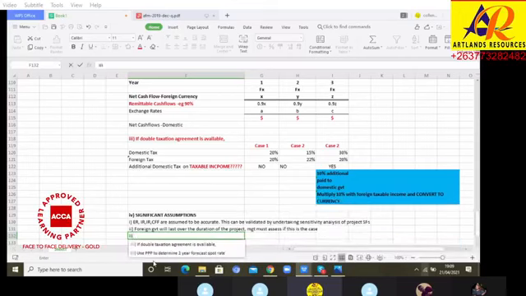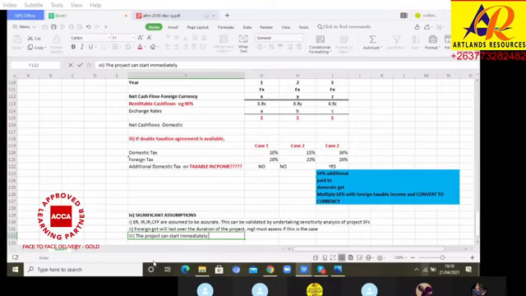Another assumption is that the project can start immediately and last for a given number of years, with no option to delay, expand, abandon or dispose of it prior to its completion.